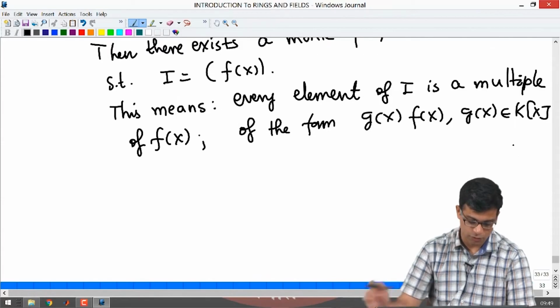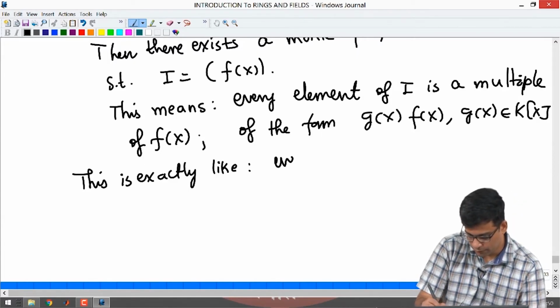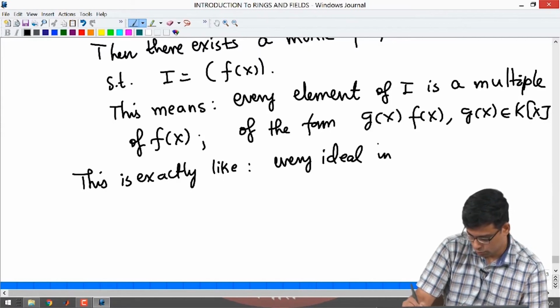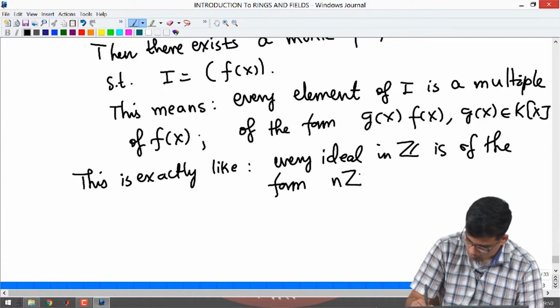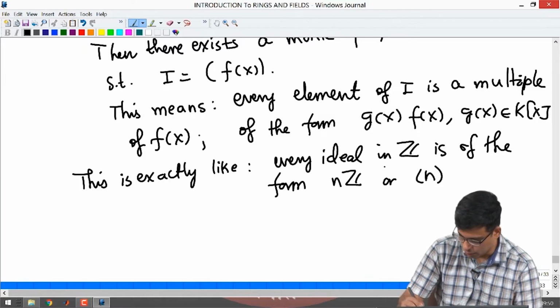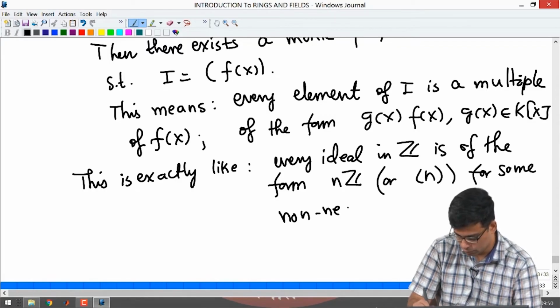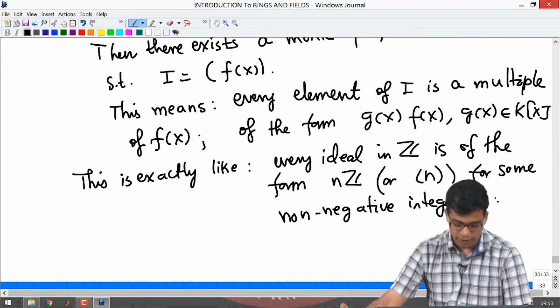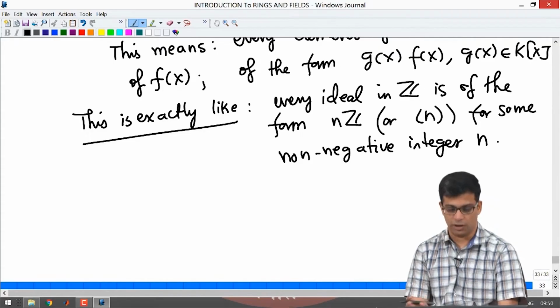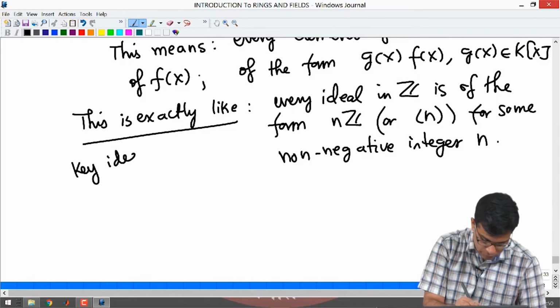So, this is exactly like the statement I proved: every ideal in Z, the ring of integers, is of the form nZ for some non-negative integer n. Remember, I proved this in a video a few videos ago. Here the key idea was the division algorithm.